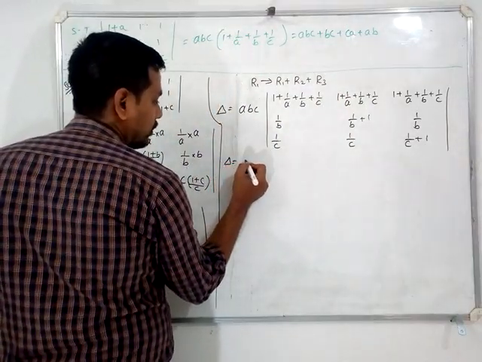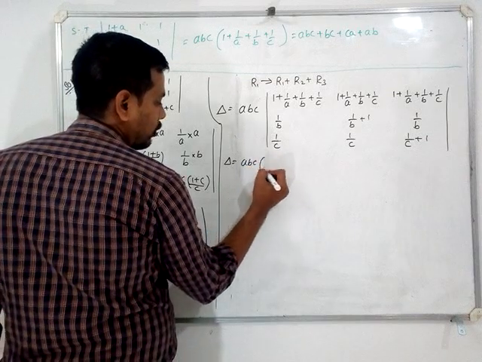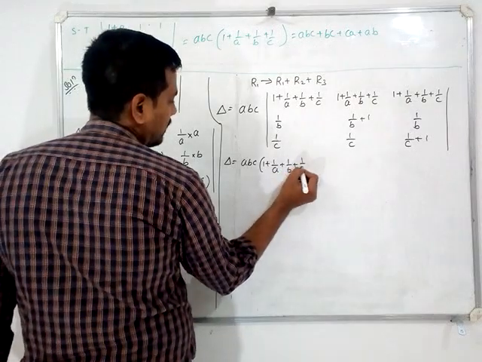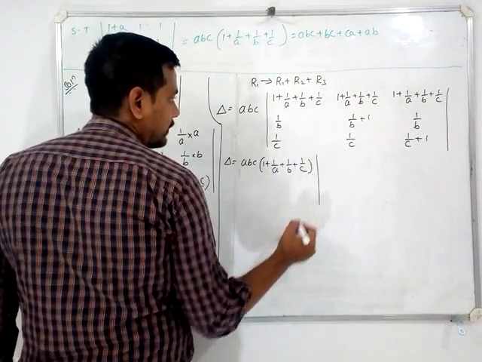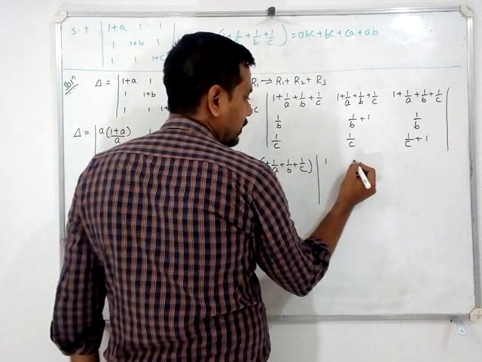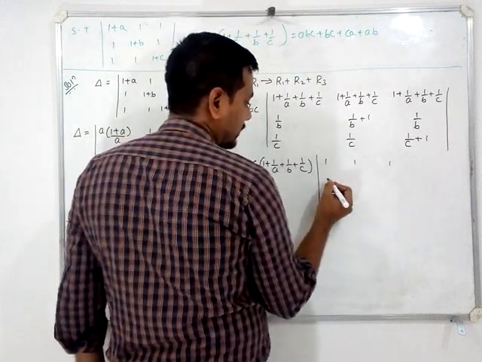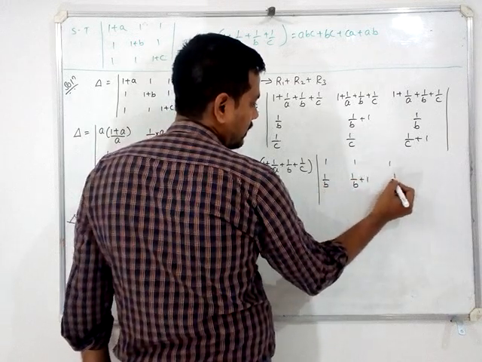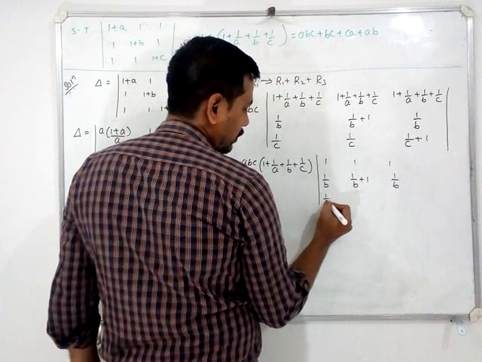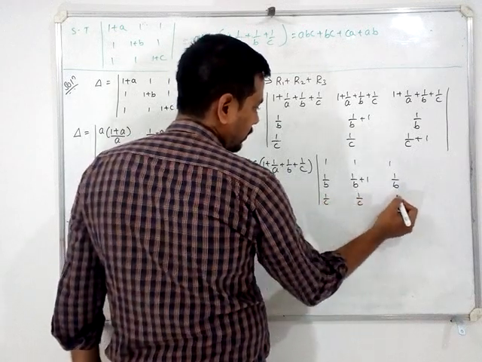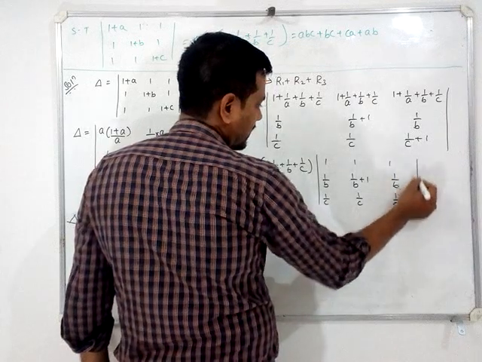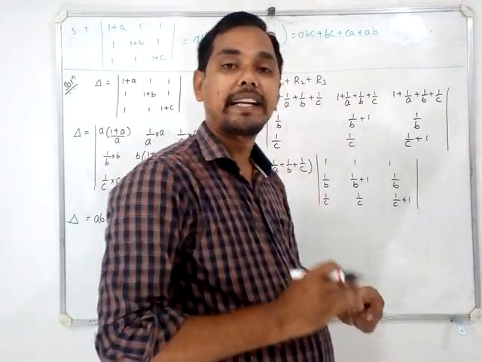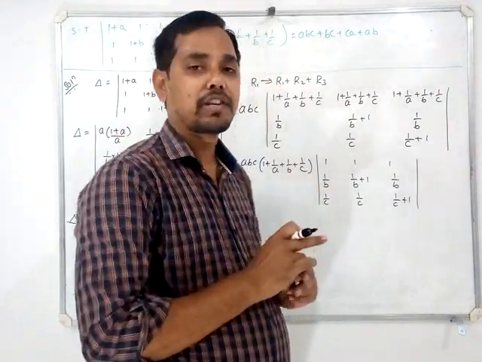Delta is equal to ABC into 1 plus 1 upon a plus 1 upon b plus 1 upon c, then the determinant with rows 1 1 1, 1 upon b, 1 upon b plus 1, 1 upon b, and 1 upon c, 1 upon c, 1 upon c plus 1. Right? So now we have simplified this to a greater extent. Still a little bit of simplification is possible.